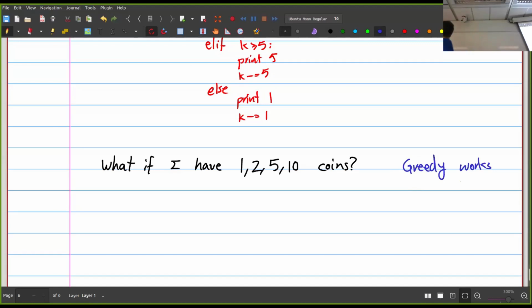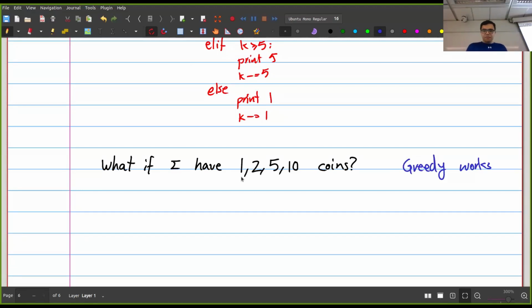Well, 10 is a multiple of all of the other ones, so the same argument as before works for 10. If I can pay a 10, I should pay a 10. And also, 2 is a multiple of 1, 5 is a multiple of 1. The only problem I really have is with 2 and 5, right? So because 2 is a multiple of 1, I know that no matter what, I'm going to pay at most one $1 coin, right? Now, here's the thing.